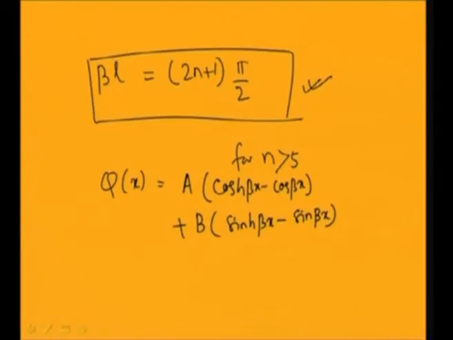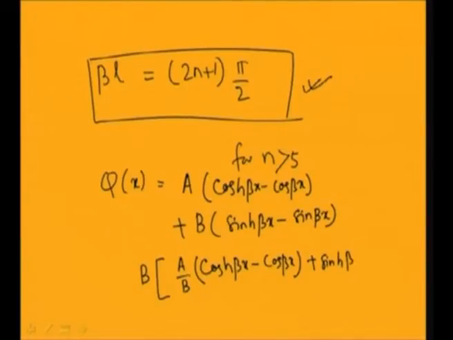And you can take this b common. So if you take b common, phi x equal to b into [a by b into (cos hyperbolic beta x minus cos beta x) plus (sin hyperbolic beta x minus sin beta x)].